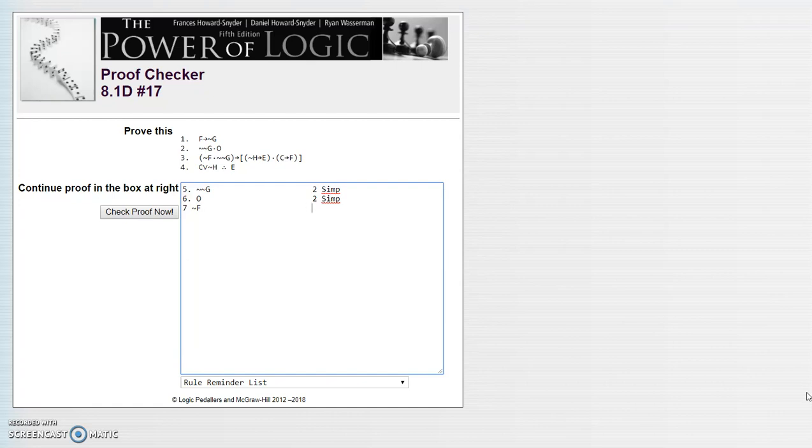We get it from line 1 and line 5, and modus tollens, MT. Oops, let me stick a period after that 7.